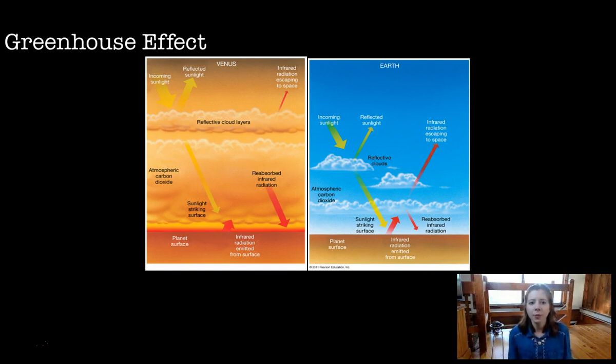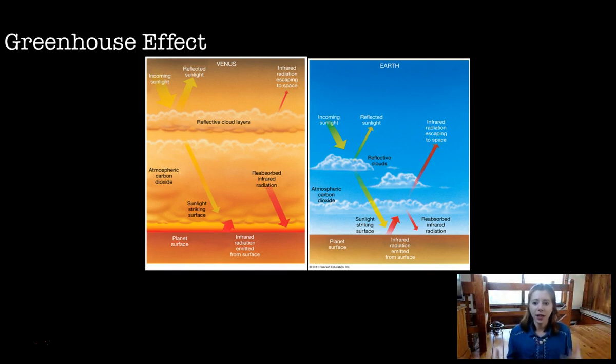So this is what is coming into the atmosphere. And remember, Venus has a really high albedo. So it has these reflective outer cloud layers where 80% of the incoming sunlight is reflected back into space. Whereas the 20% that gets through is absorbed by the surface of Venus, increasing the planet's temperature.